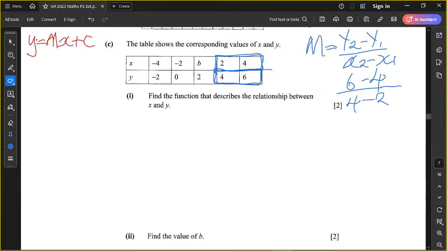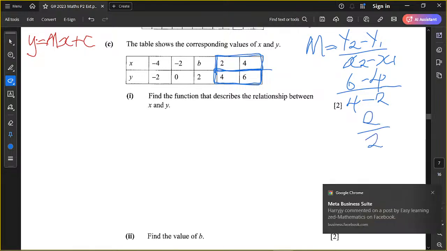Here I'm picking bigger numbers, as you can see this table is increasing as you go to the right, so I picked 4 and subtract the number on the left. Then 6 minus 4 gives us 2, and 4 minus 2 gives us 2. Then what do we do?